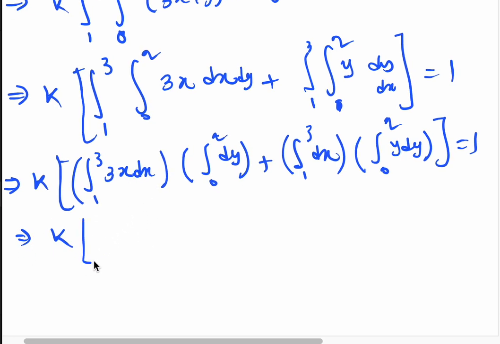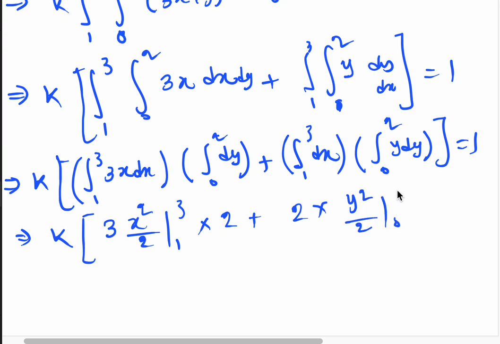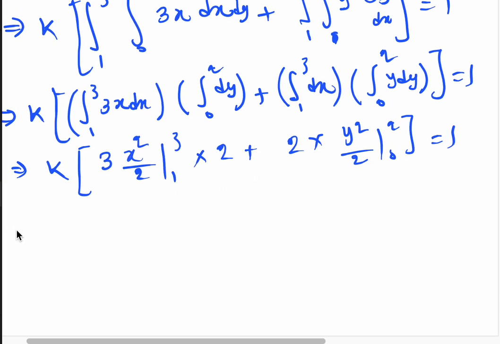This will be 3x square by 2, 1 to 3, multiplied by 2, plus this multiplied by y square by 2, 0 to 2, should be 1. If we do it, we will get 28k is 1, and k is equal to 1 by 28.